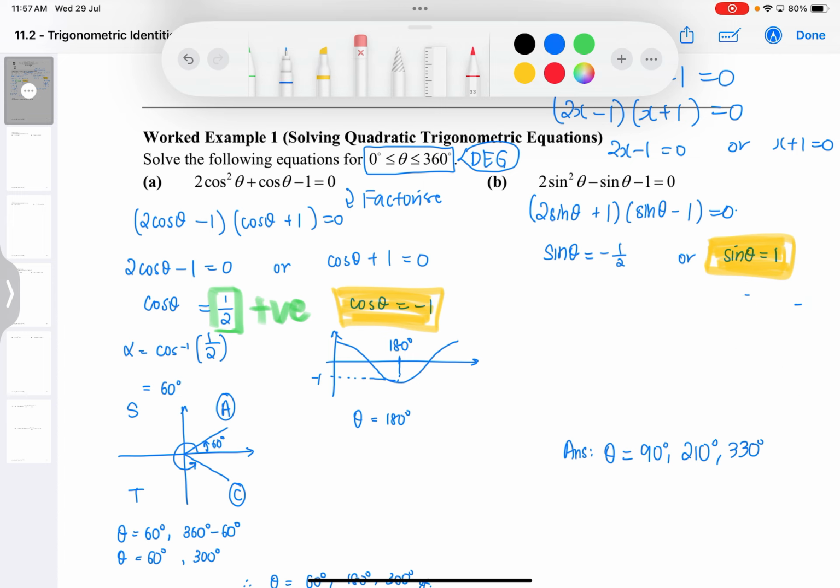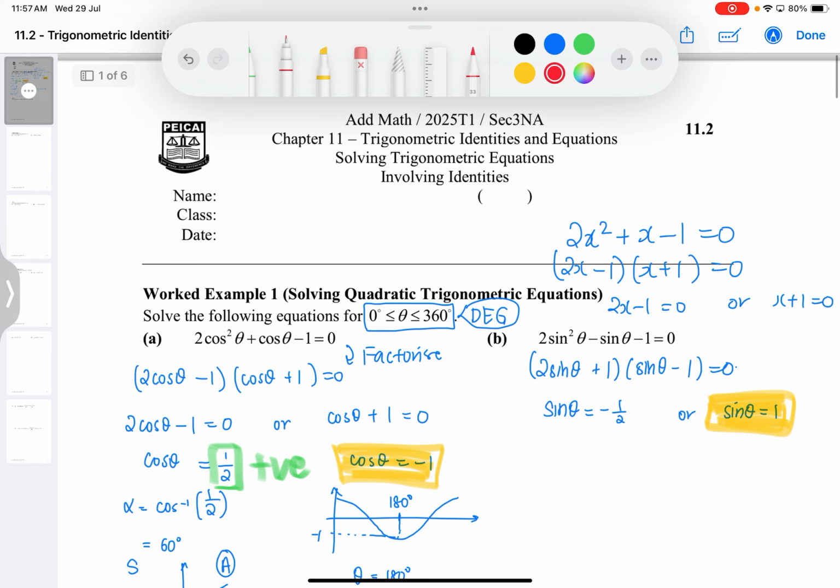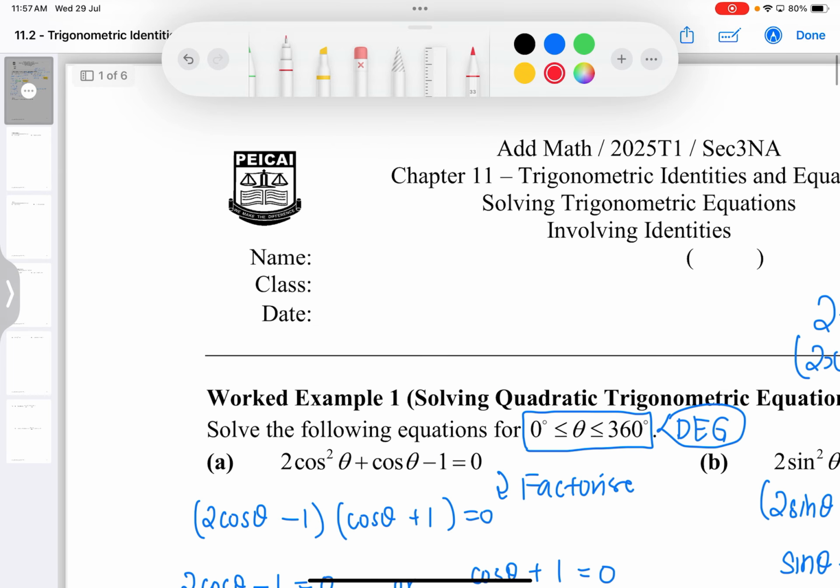So in summary, for example cosine of 1, we also don't need the basic angle. Let me write it down on top. When do we not need the basic angle alpha when solving such equations?